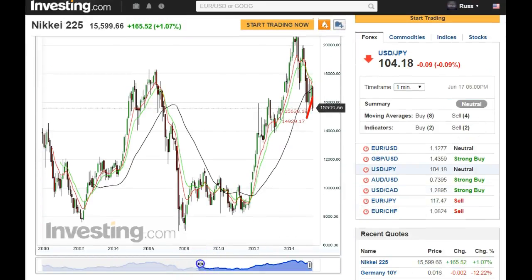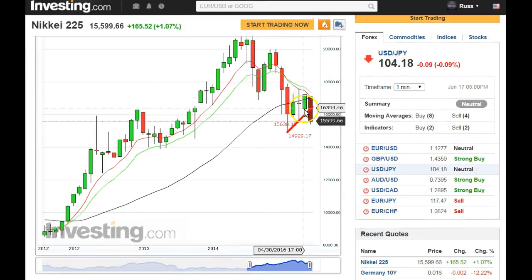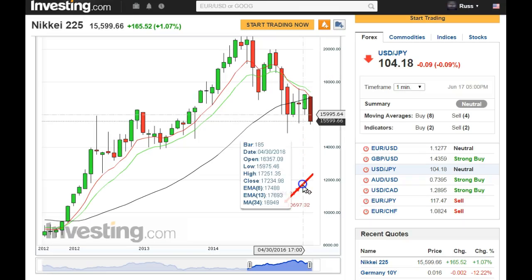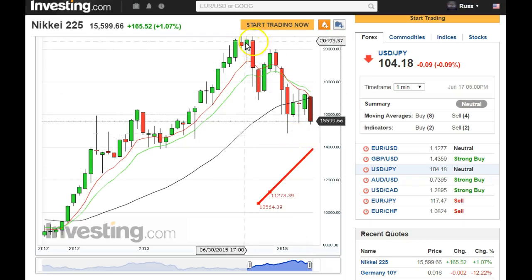So it doesn't look good for the markets coming out of this week. You can see the bearish retracement on a monthly chart as it broke down across a 34, kind of back and forth on the 34, but you can see the breakdown and the last line of defense as it's going to crumble.